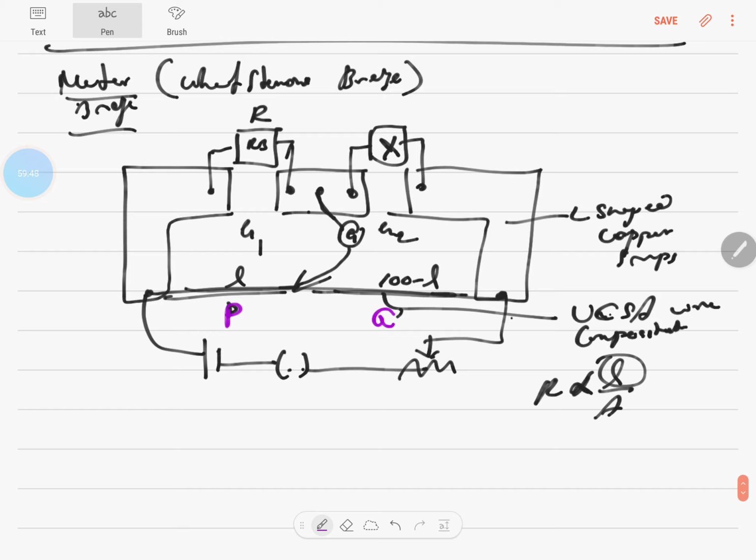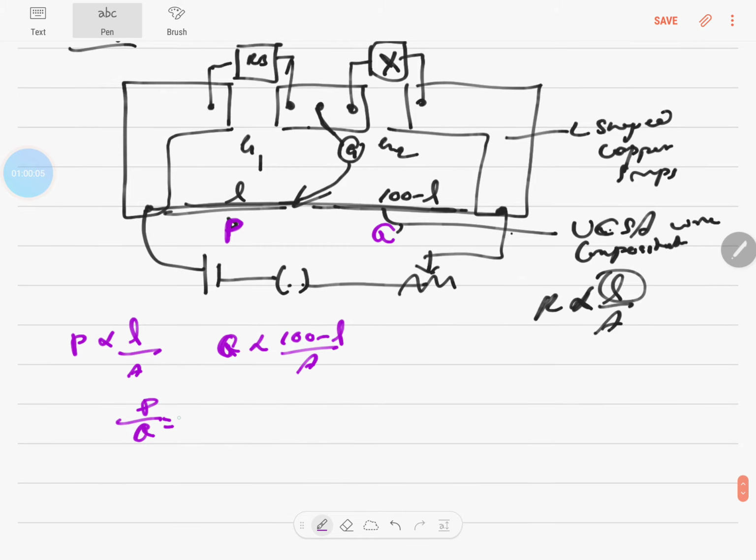The resistance of P is proportional to L by A, and Q is proportional to 100 minus L by A. So P by Q is proportional to L by 100 minus L, because A and A get cancelled.